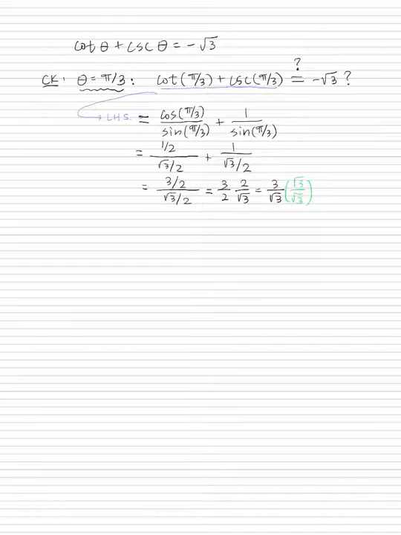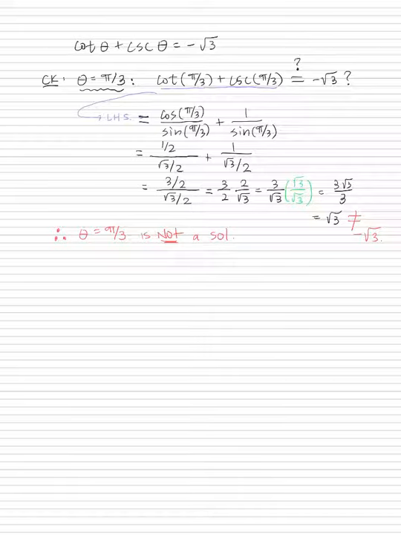Just work it all the way. All right, so that does not equal negative square root of 3. So therefore, theta equals pi over 3 is not a solution. Okay, we have one more hope.